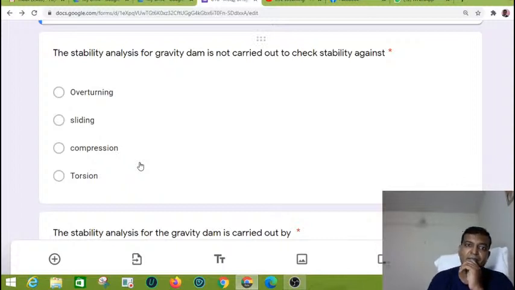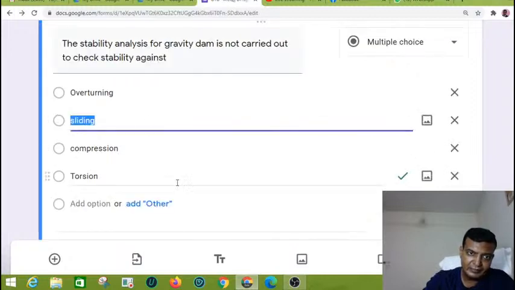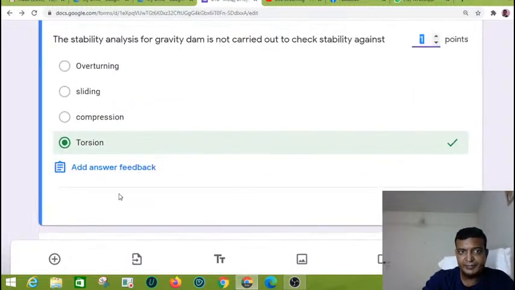Stability analysis for gravity dam is not carried out to check stability against overturning, sliding, compression. We never heard the word torsion, so here the answer is torsion, D. You can see the answer is torsion.